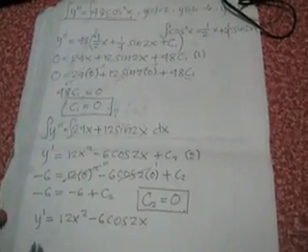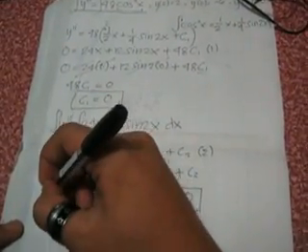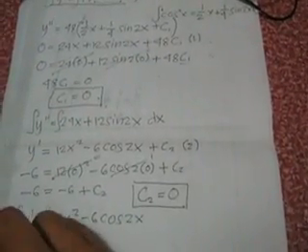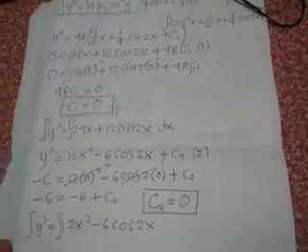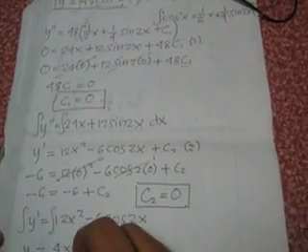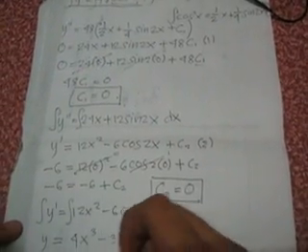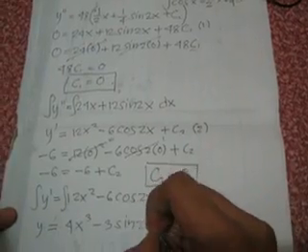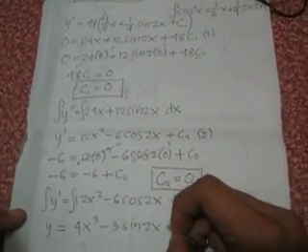So next, we'll again integrate. So the remaining equation will be y is equal to 4x cubed minus 3 sine 2x plus c3.